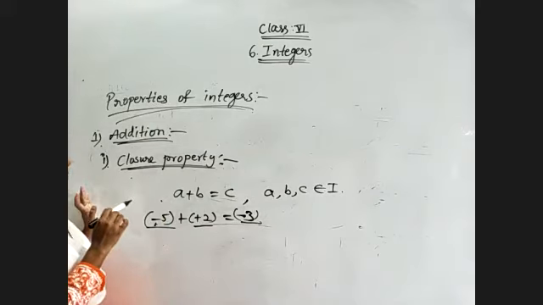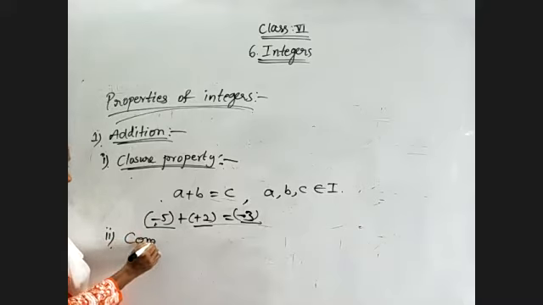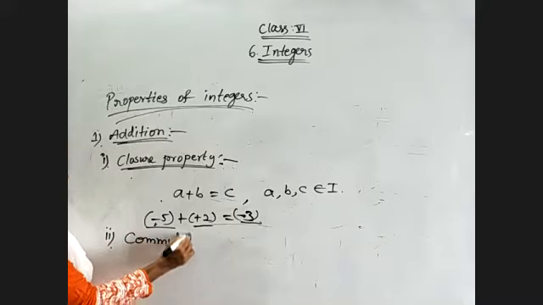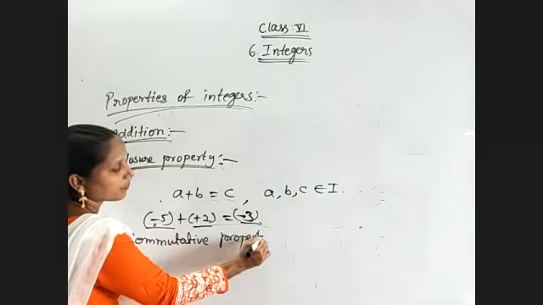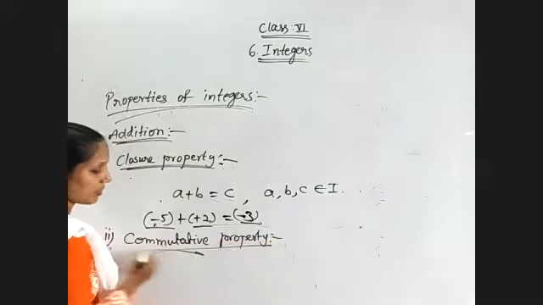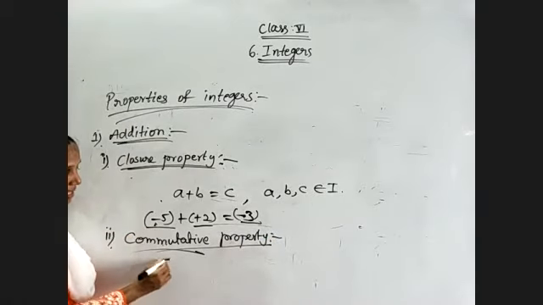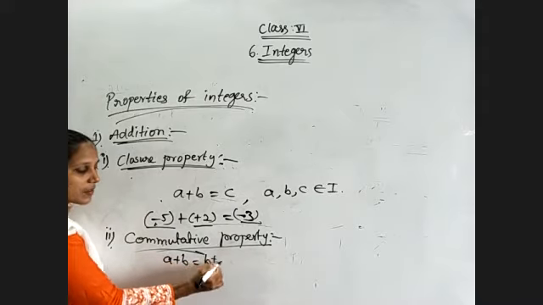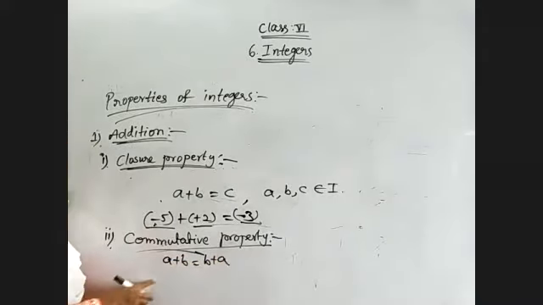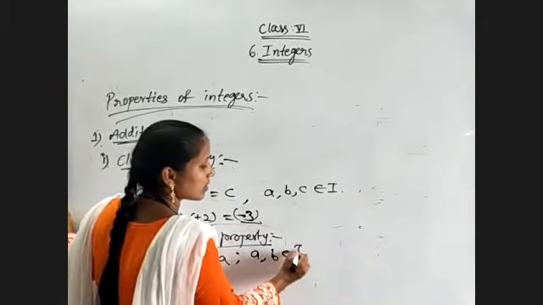Okay. Now, the second property is commutative property. According to this property, if we are adding two integers and changing their order, a plus b as b plus a, then the result will not change. And here a and b both belong to integers.